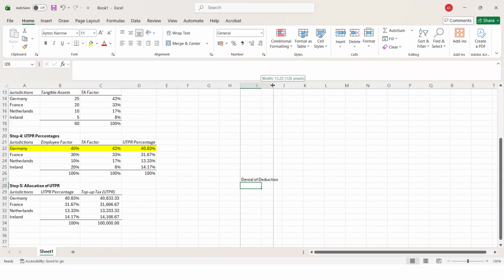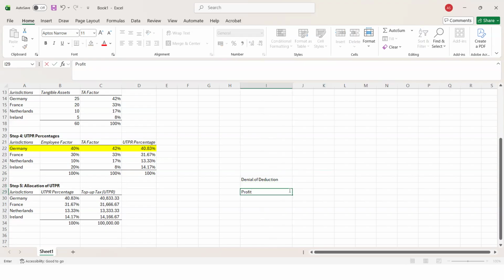Now let's say your profit is around 400,000 euros. And for simplicity's sake, let's take the tax rate as 25%. Now this is your domestic profit, right? Now I have to collect an additional 40,833.